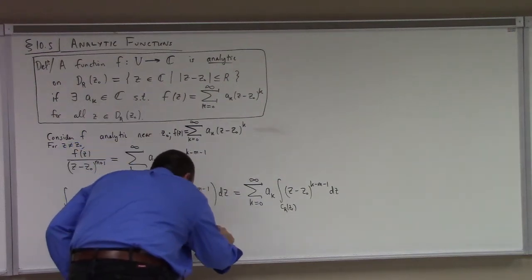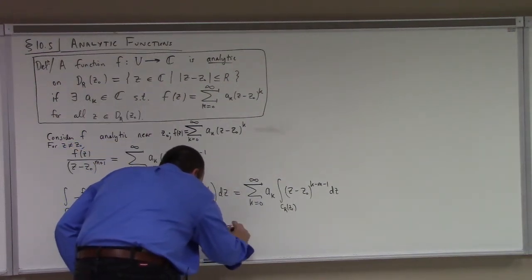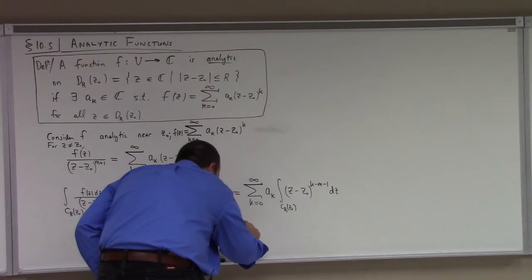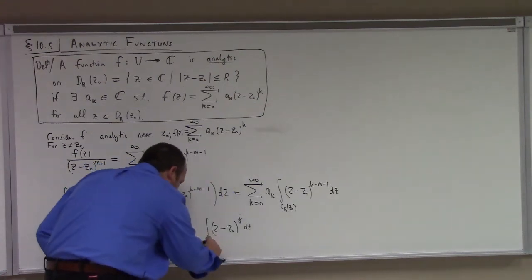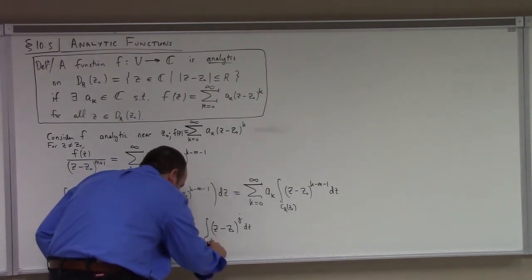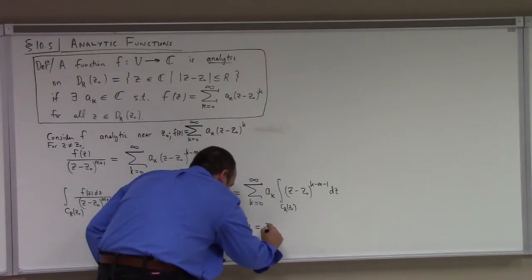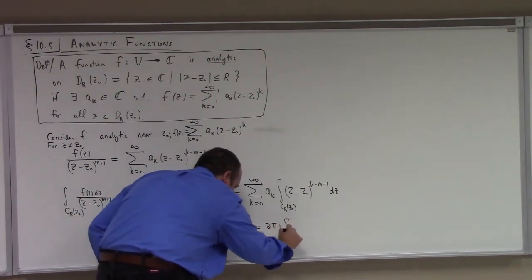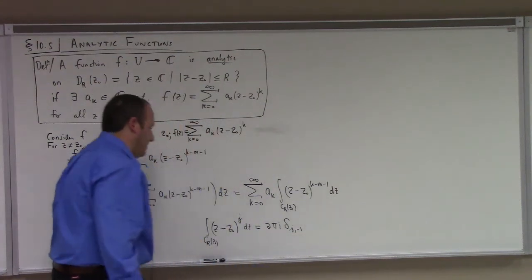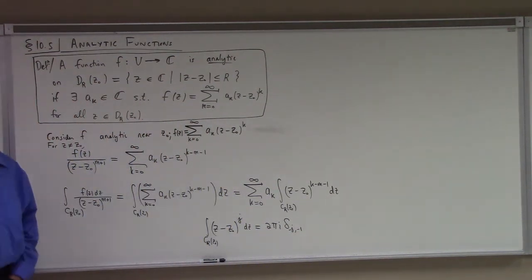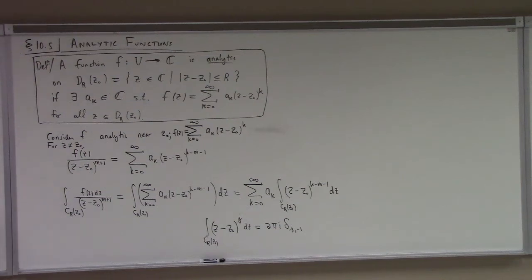The integral of z minus z naught to the, let's say, j power dz over a circle of radius r centered at z naught is just equal to 2 pi i times the Kronecker delta of j comma minus 1. Which is to say that that integral is 0, except in the case that the exponent is the minus 1 exponent.